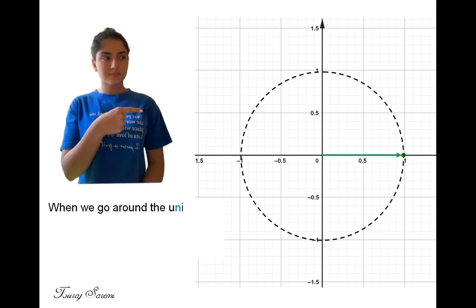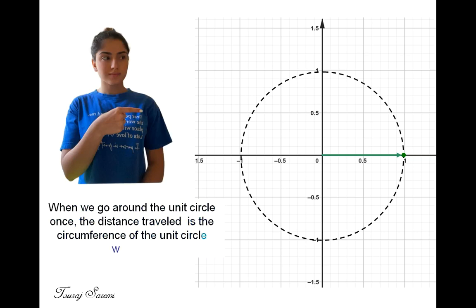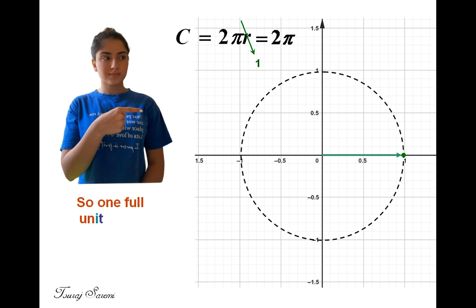When we go around the unit circle once, the distance traveled is the circumference of the unit circle, which is 2 pi. So 1 full unit circle is 2 pi radians.